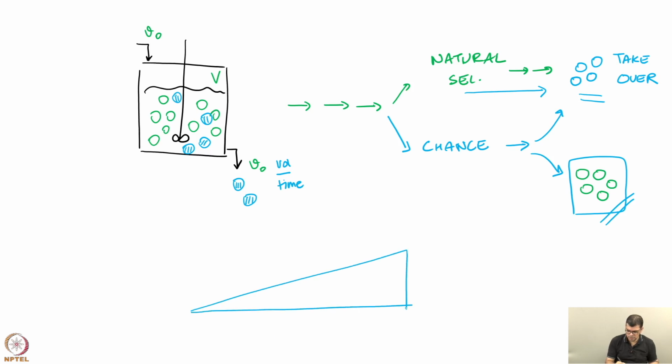blue type individuals in the population, if there are very few, then there is a good chance that chance will decide fate.